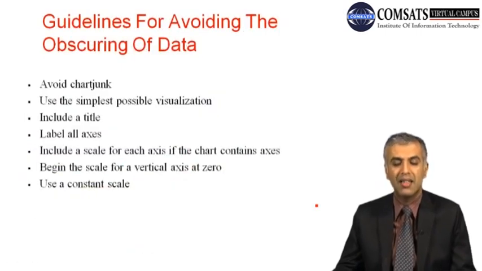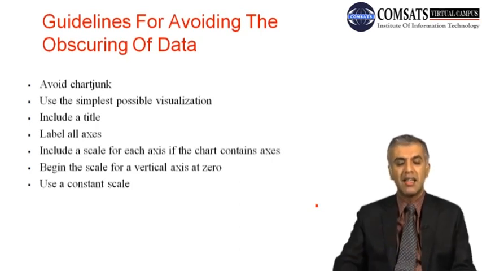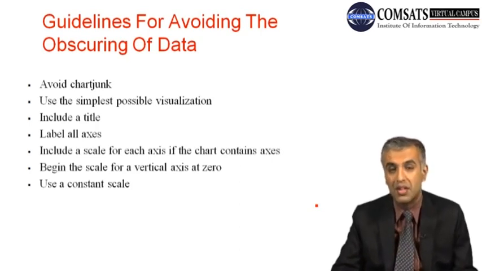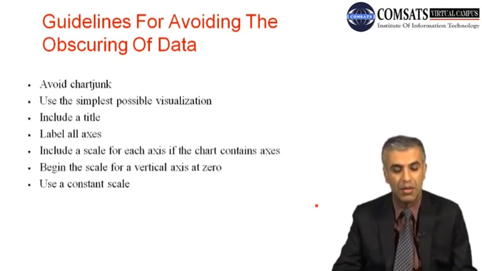Then we had a discussion on the guidelines on how to avoid obscuring data. It is very important that we avoid chart junk, and the simplest visualization can help us a lot in giving us the desired results.